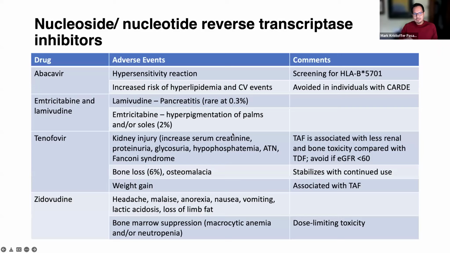Now, individually, for the NRTIs, abacavir, ang common adverse event associated with abacavir is hypersensitivity reaction. Kaya nga, screening for HLA-B5701 is recommended before starting abacavir. But is it available in the country, this kind of screening test? I don't think so. And the risk naman of hypersensitivity to abacavir because of being positive to HLA-B5701 among Filipinos is very, very low because common ito sa mga Caucasians.